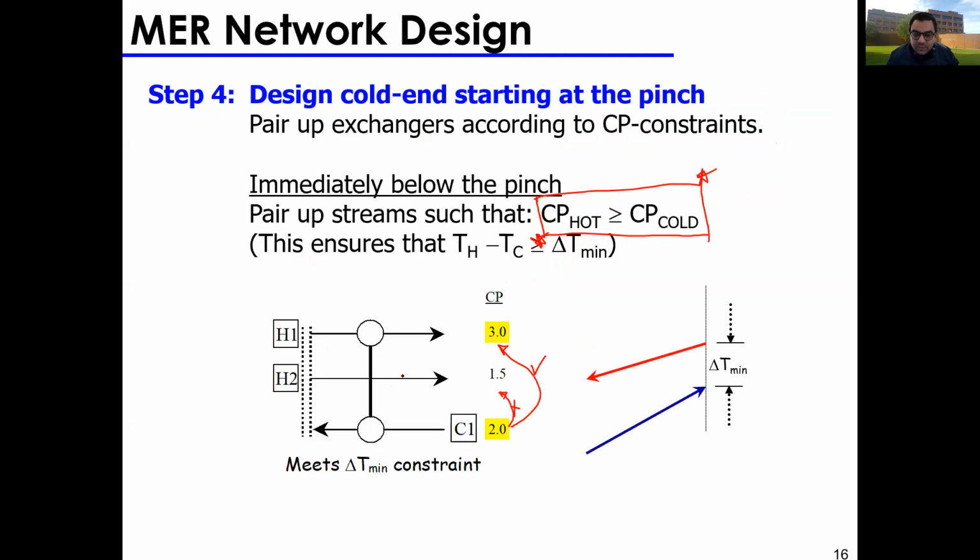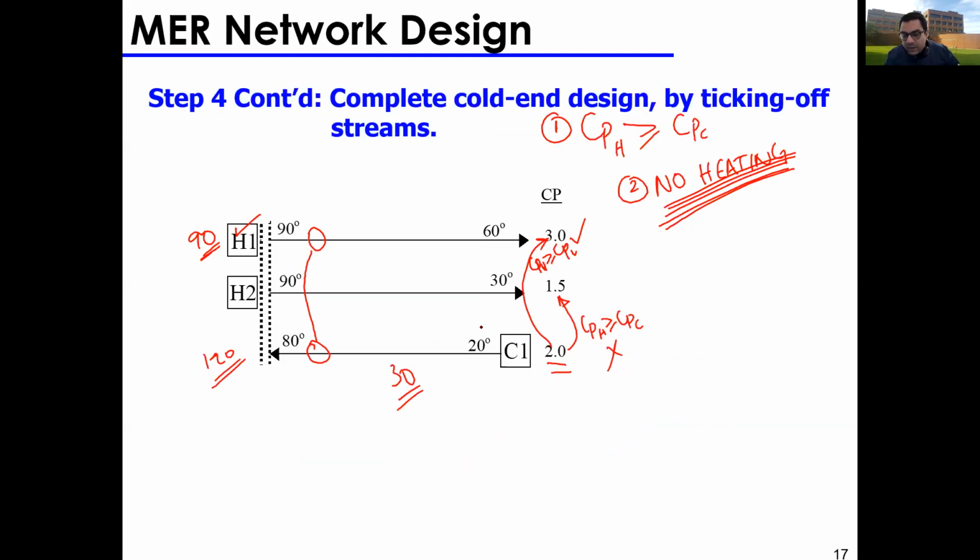Does this make sense? Okay. So immediately below the pinch, we said that CP hot has to be greater than CP cold, right? So we already established that this transfer doesn't work, whereas this transfer works. So in this case, we matched the first two streams. We transferred 90, and we have 30 units of energy to give.